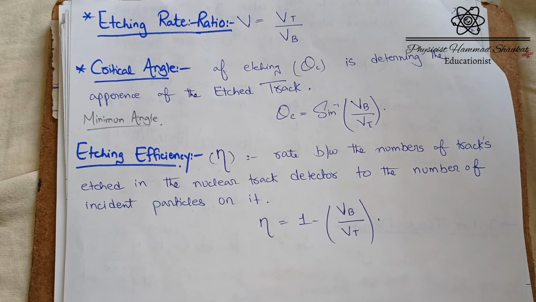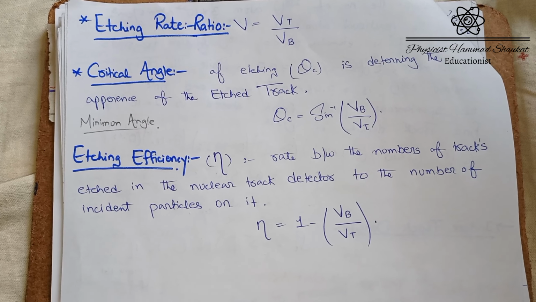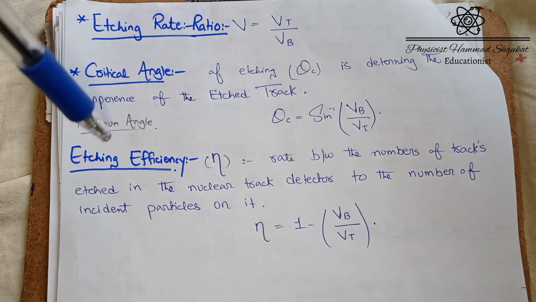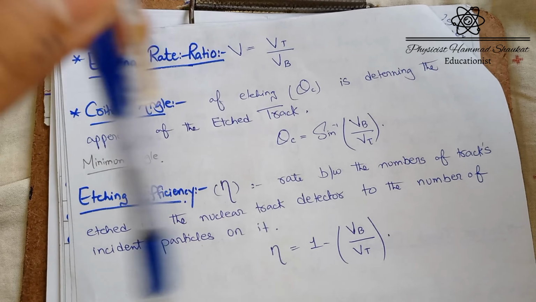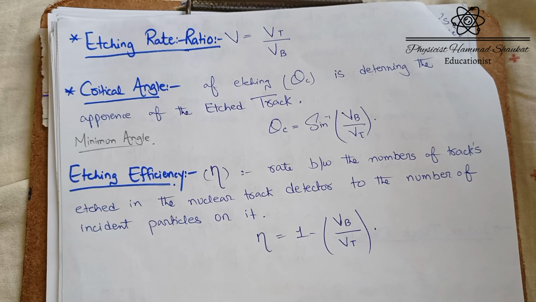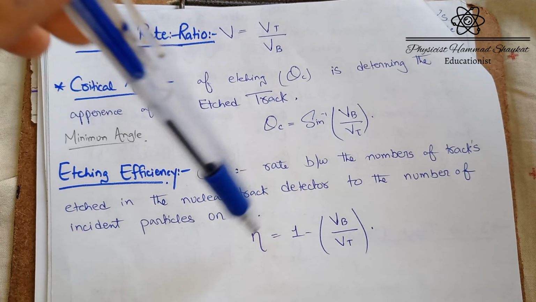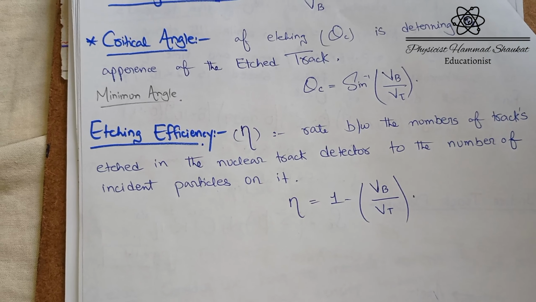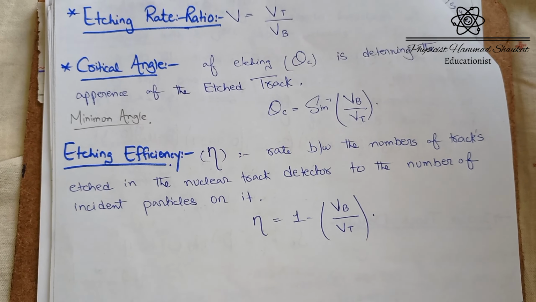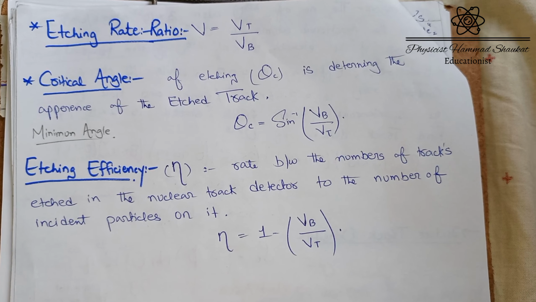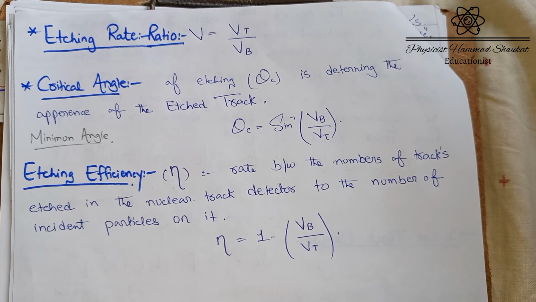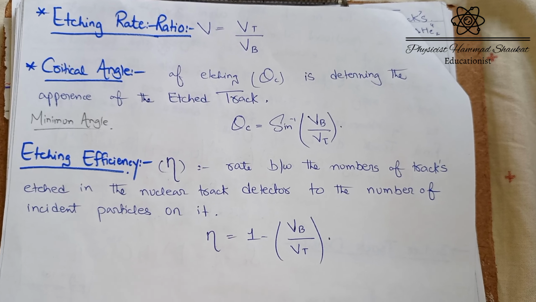The tracks which are detected are divided by the total number of particles. So this is how you can find the etching efficiency, the critical angle, and the etching rate ratio, which is Vt by Vb.